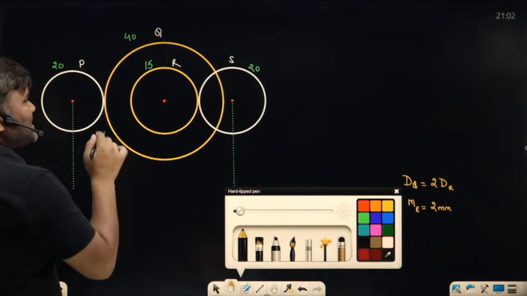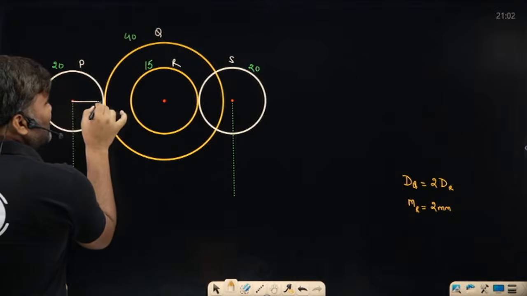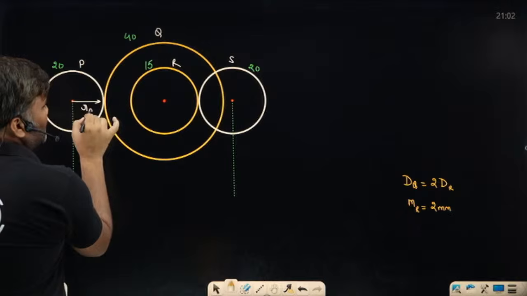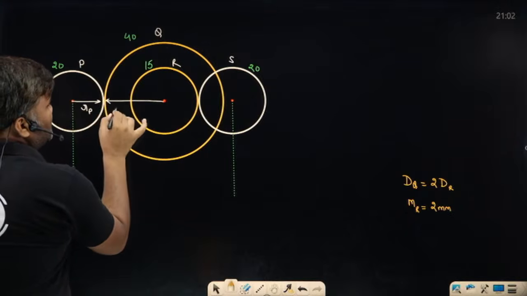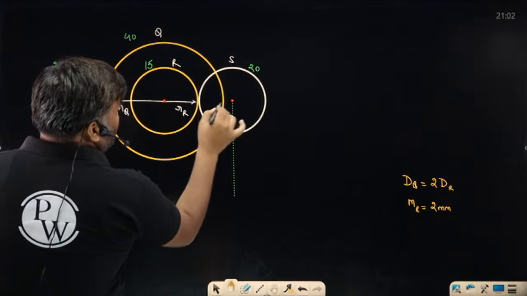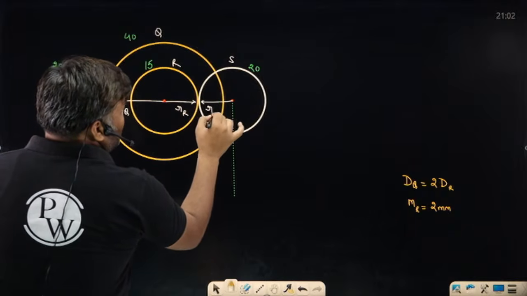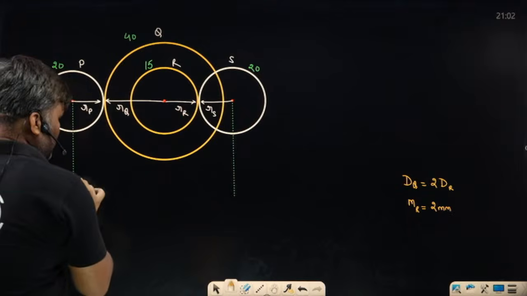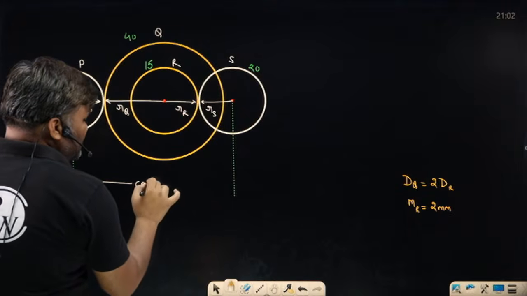Even a blind person can see that, sir, if you find the radius of P, add radius of Q, add radius of R, add radius of S. If you add all the radii, you can find this center distance. This center distance they are asking.